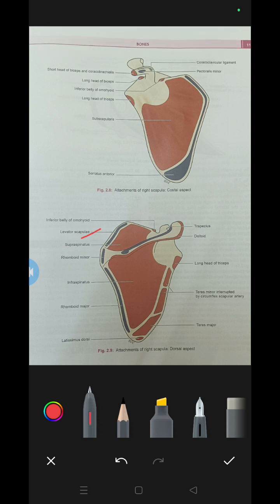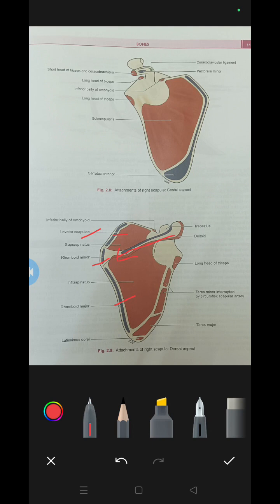The rhomboid minor is inserted into the medial border, dorsal aspect, opposite the root of the spine. The rhomboid major is inserted into the medial border, dorsal aspect, between the root of the spine and the inferior angle. Okay, insertions over. Next, ligaments.